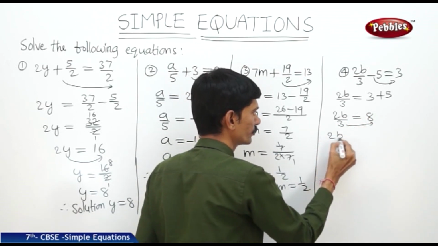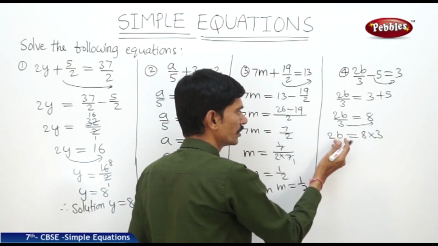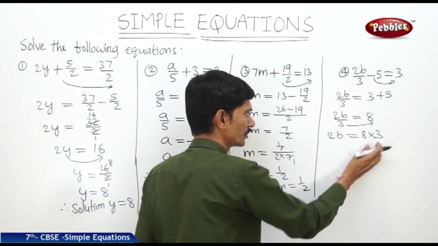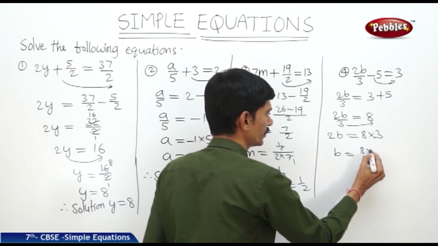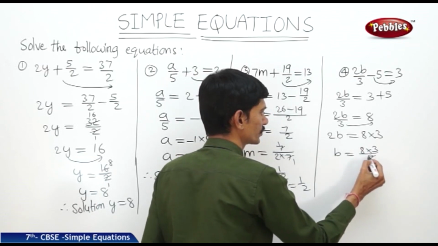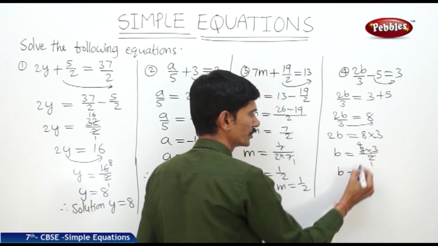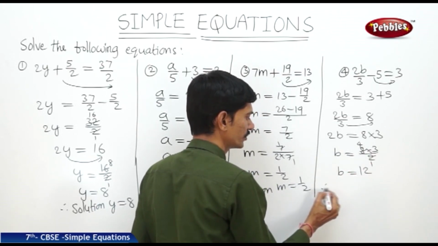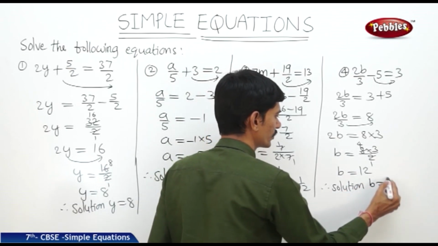So then we get 2b equals 8 into 3. If multiplication by 2 is transposed to the RHS, it becomes division by 2. So then b equals 8 into 3 divided by 2. So 2 1s are 2 and 2 4s are 8. Then b equals 4 3s are 12. Therefore the solution is b equals 12.